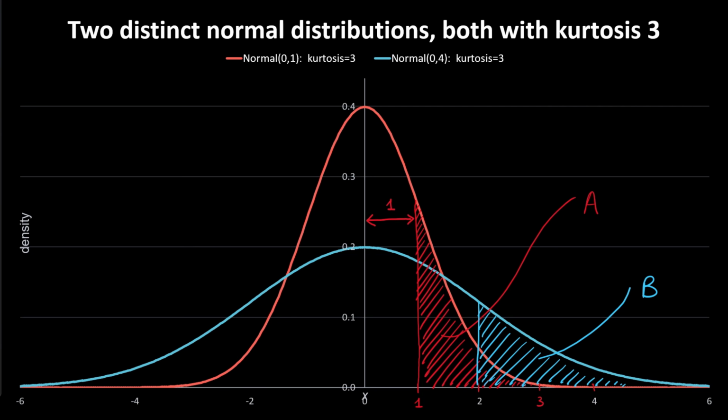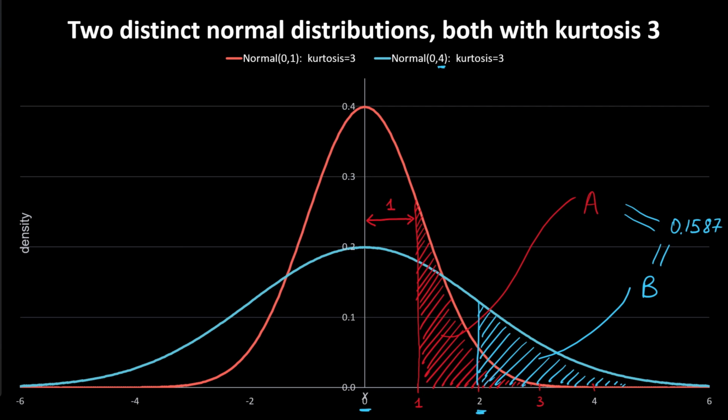The mean of the blue distribution is 0, its variance is 4, therefore the standard deviation is 2, so the event of interest then is event B. These two events will have the exact same probability of about 0.1587.